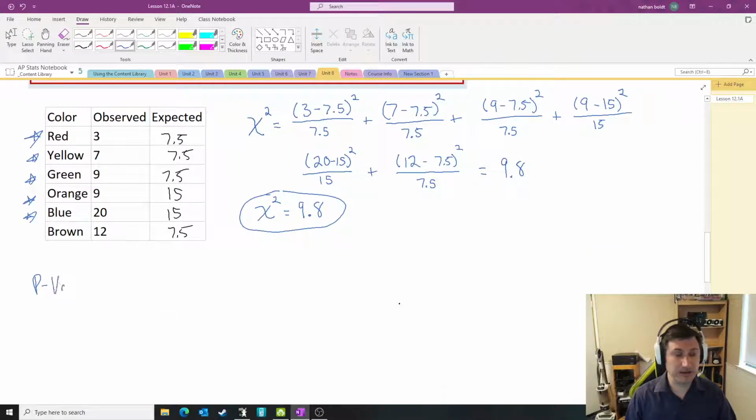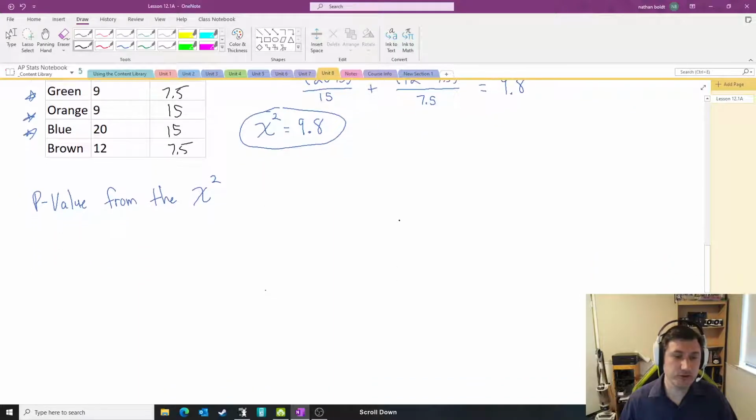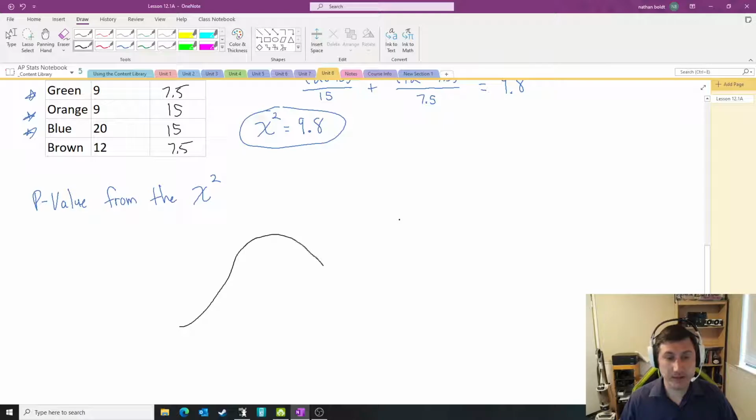A p-value from the chi-squared. So what happens is there's a chi-squared distribution for this, and it is quite a bit skewed to the right.